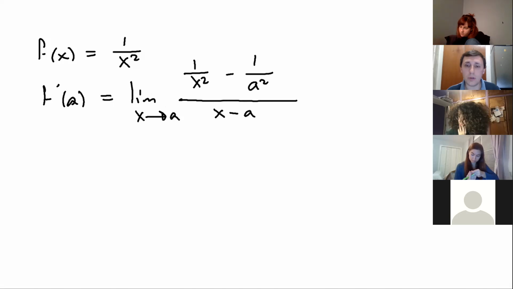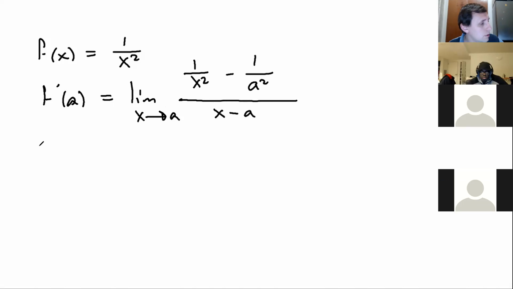What do I do, guys? When I see a difference of two fractions, I'm right away tempted to subtract those fractions. So I multiply this by a squared on top and bottom, and this by x squared on top and bottom. And I get a squared minus x squared divided by a squared x squared.